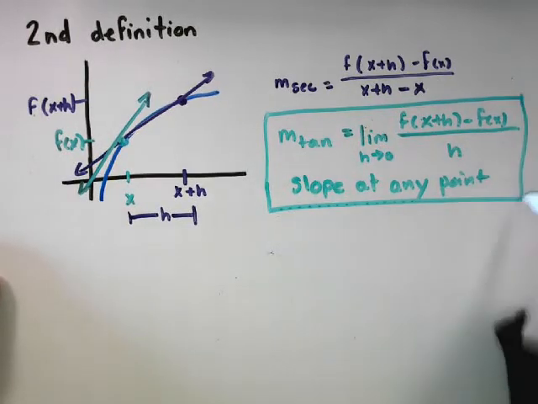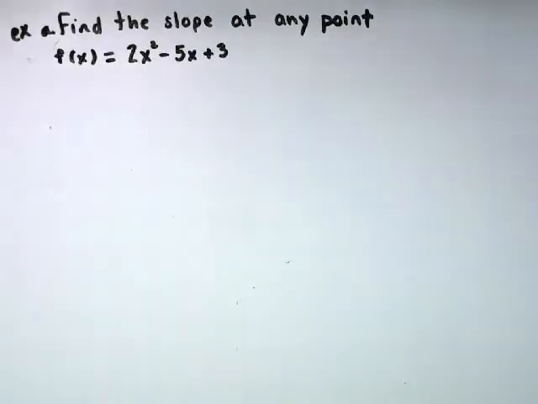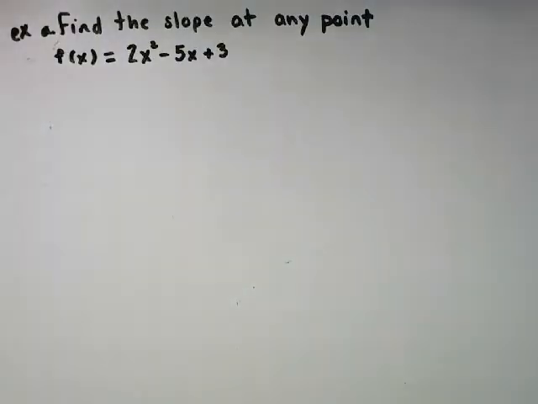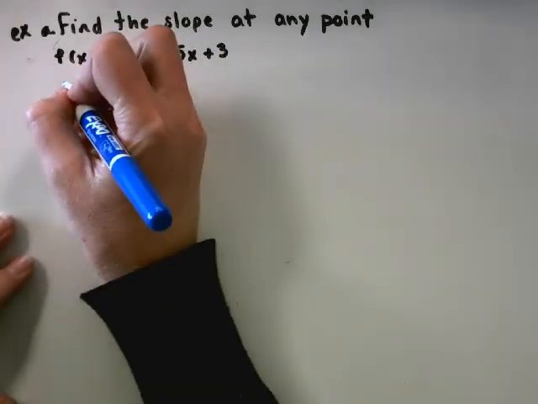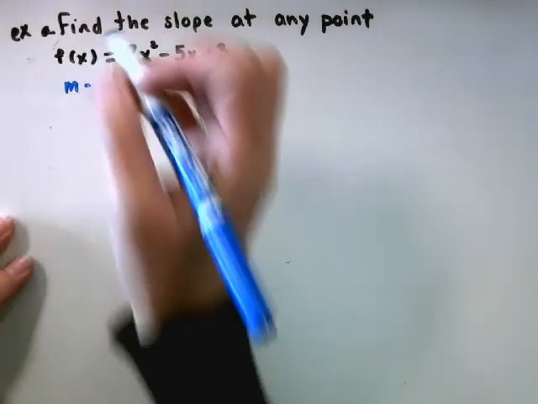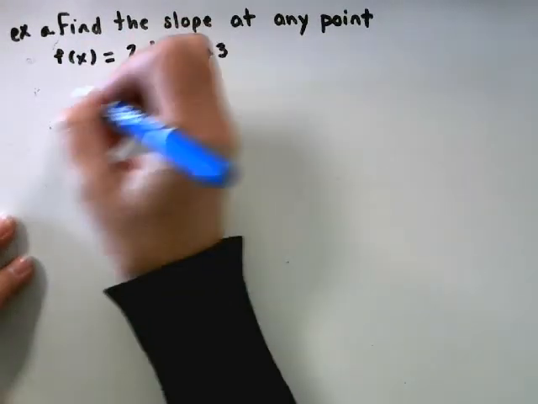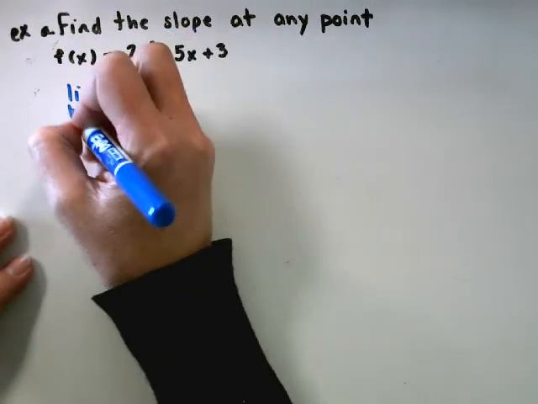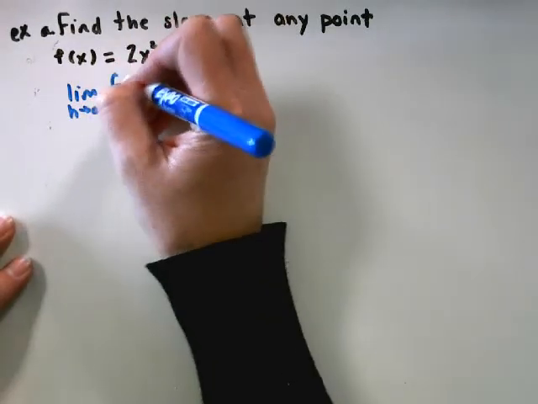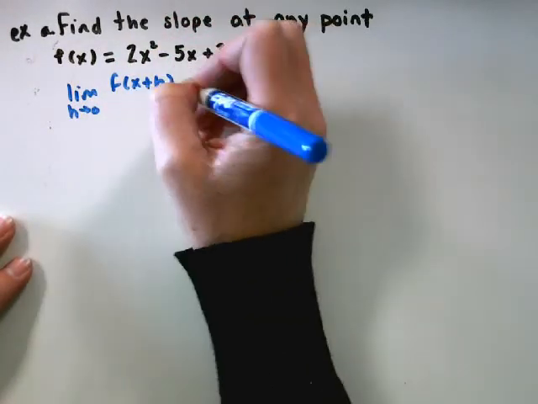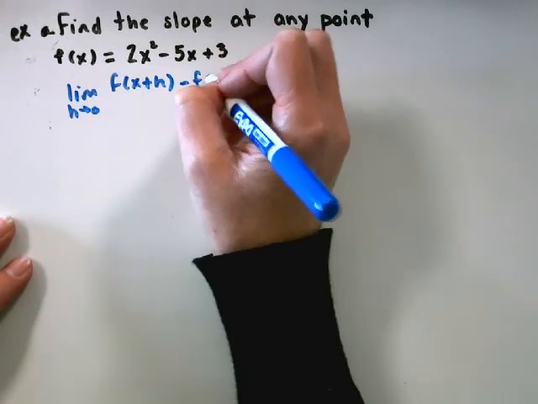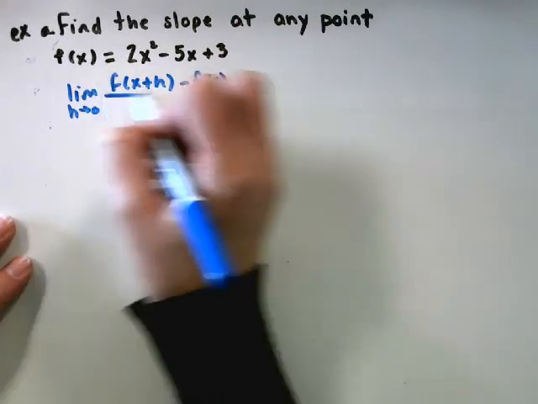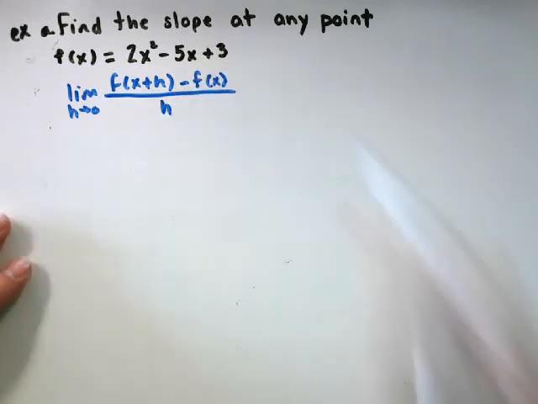Okay, so we're going to find the slope at any point of 2x squared minus 5x plus 3. So we're going to use the definition that the slope is the limit as h goes to 0 of f of x plus h minus f of x over h. So I'm going to evaluate this function at x plus h.